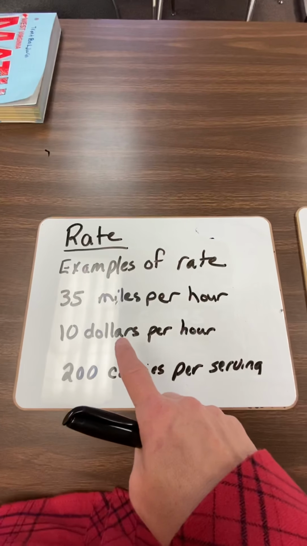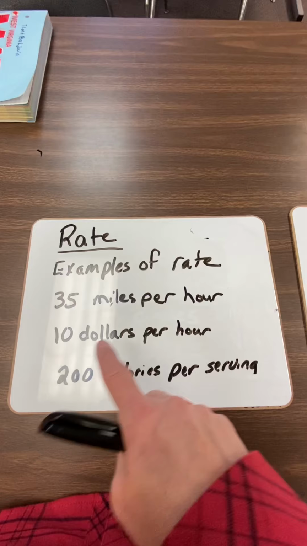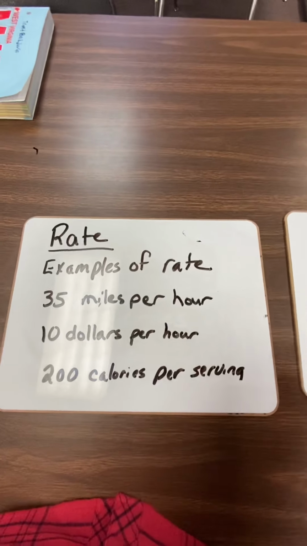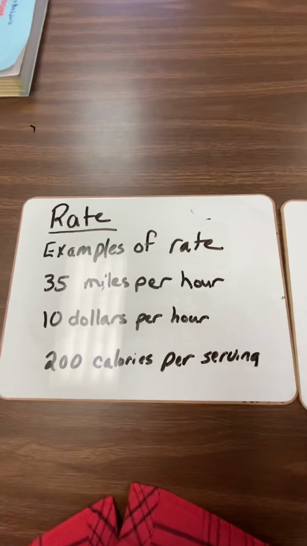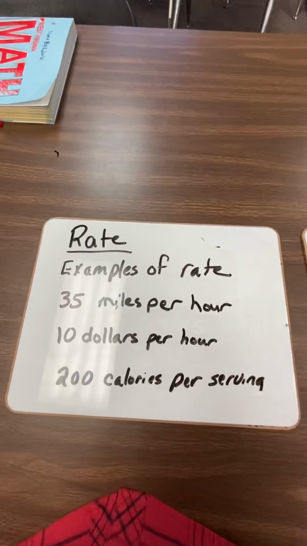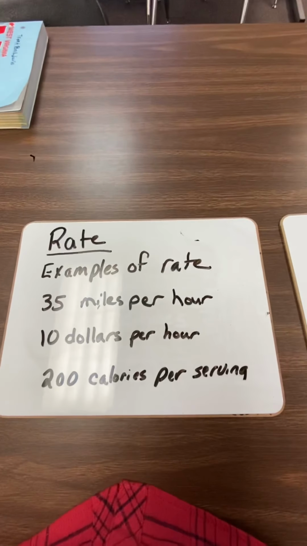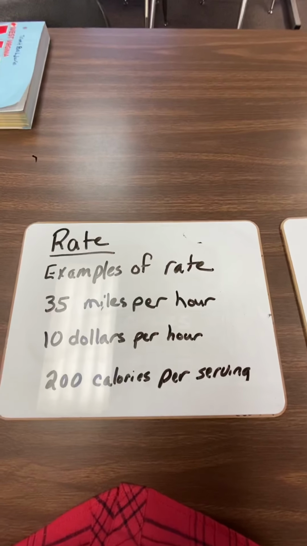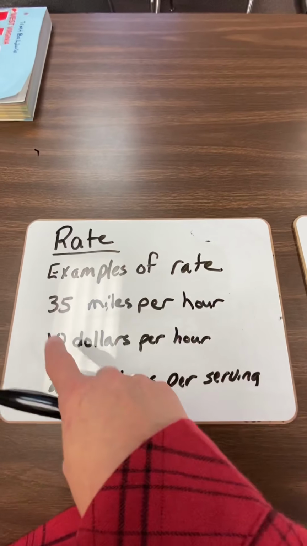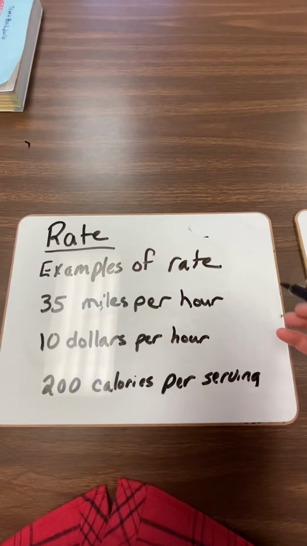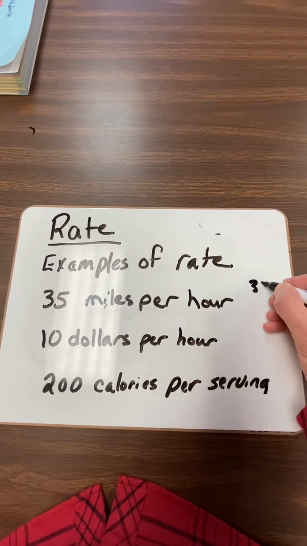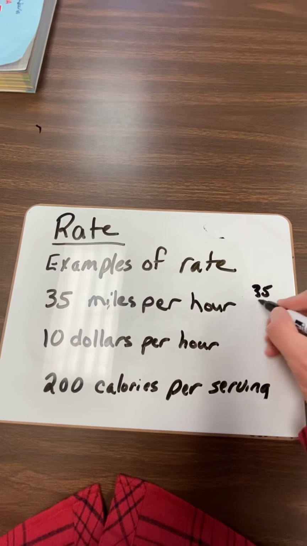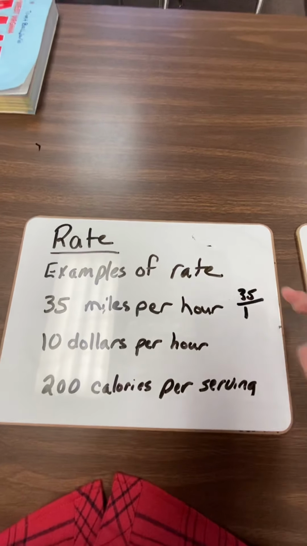Every rate can be written as a unit rate. So if we have 35 miles per hour, a unit rate has to have 1 as the bottom number, the denominator, okay? So 35 miles per hour would just mean they traveled 35 miles over 1 hour. So 35 over 1.